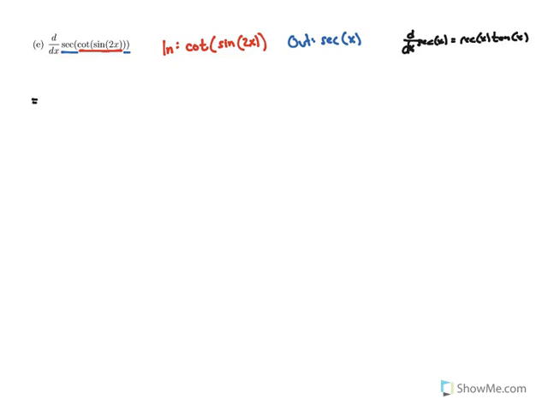This is going to be secant tangent, where I'm going to leave this inside function alone, but it has to go in both spots. Cotangent of sine of 2x, and then times the derivative of the inside function.